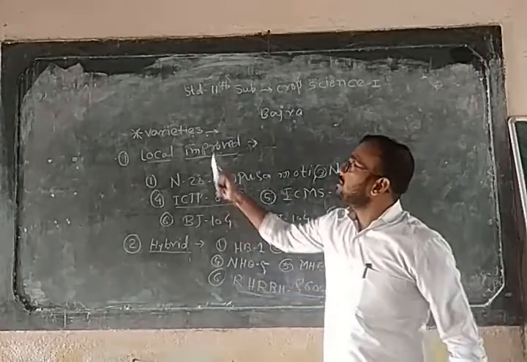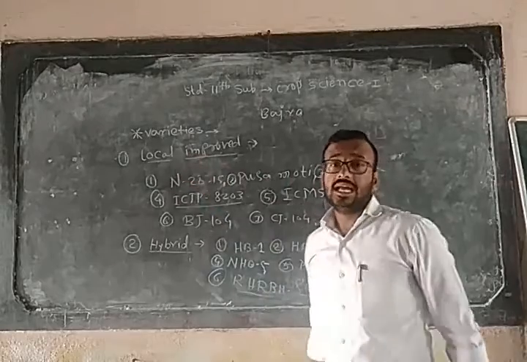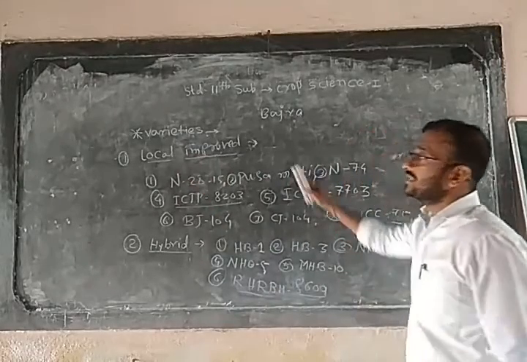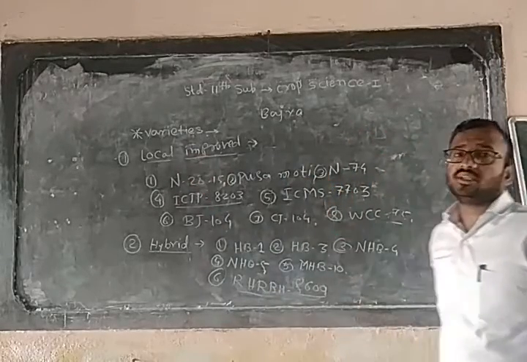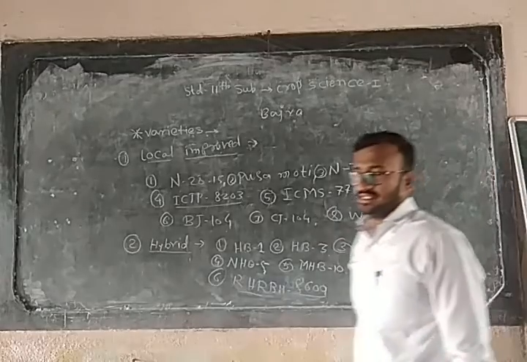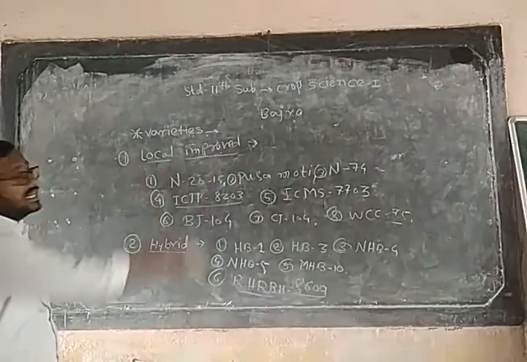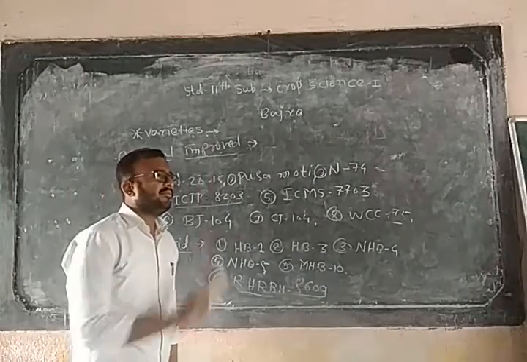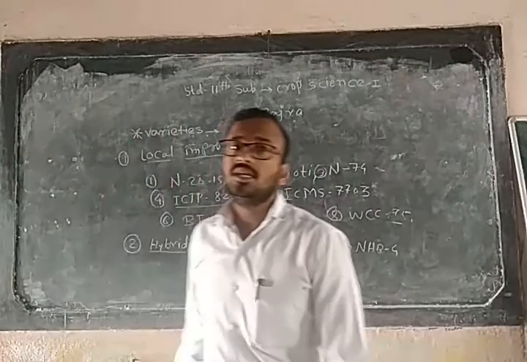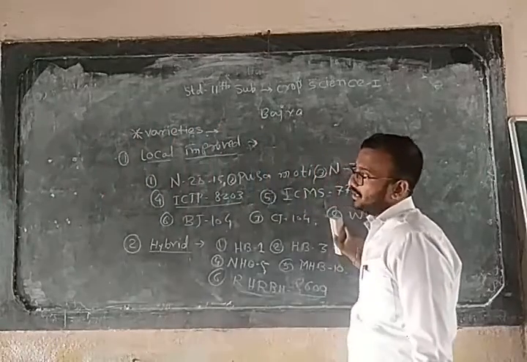As well as, varieties are asked in the practical exam: identify the specimen and give its proper variety. Then in oral questions, tell me about the varieties of bajra. This type of question is asked many times in the exam pattern.